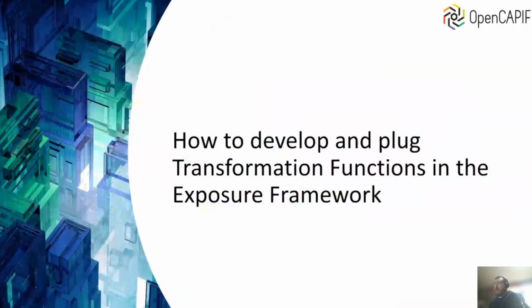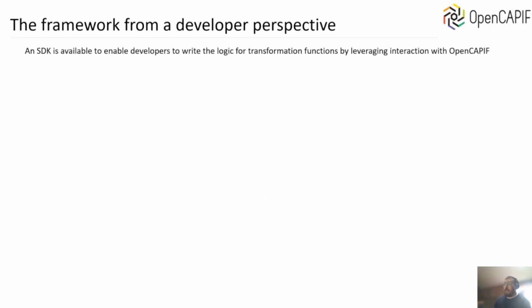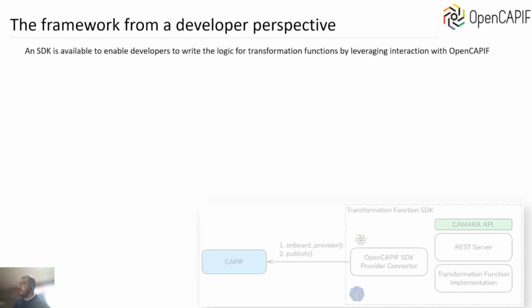Okay, but from a developer perspective, how do we develop transformation functions and the logic in the API gateway? From the transformation function perspective, we are proposing an SDK to allow developers to write the logic of the transformation functions to simplify the low-level APIs into the CAMARA APIs.